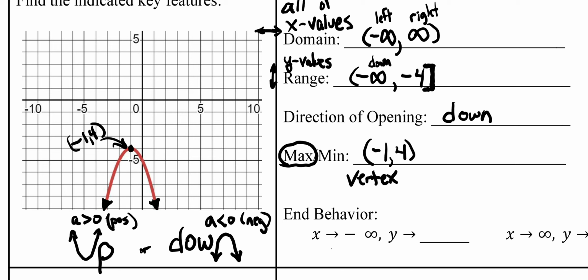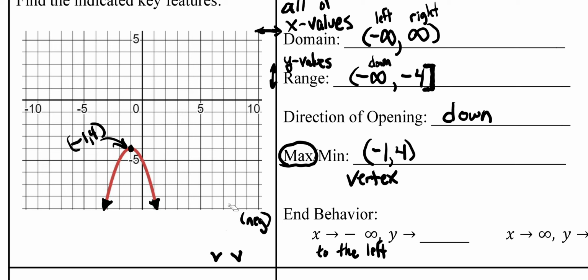The end behavior: x approaches negative infinity means as x goes to the left, what's happening? It's asking, what's y doing as we go to the left? We see that as we move to the left, y is going down.